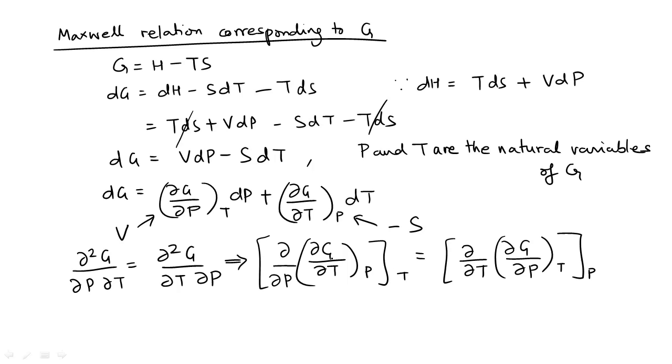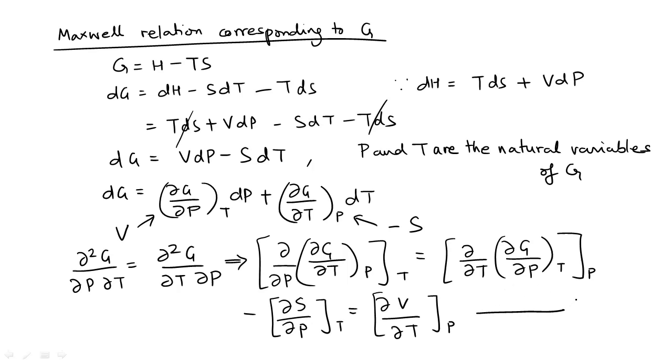Substituting for (∂G/∂T) at constant P as minus S, this becomes minus of (∂S/∂P) at constant temperature is equal to, substituting for (∂G/∂P) at constant temperature as V, (∂V/∂T) at constant pressure. This is the fourth and final Maxwell relation.